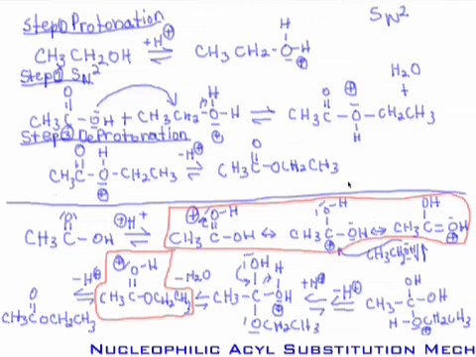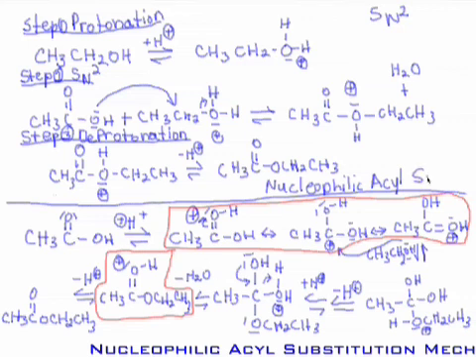This one, I might call it a nucleophile, so nucleophilic. And the nucleophile is the ethanol, and it's attacking a C double bond O. It's attacking an acyl group. And then after it attacks, we kick out water.